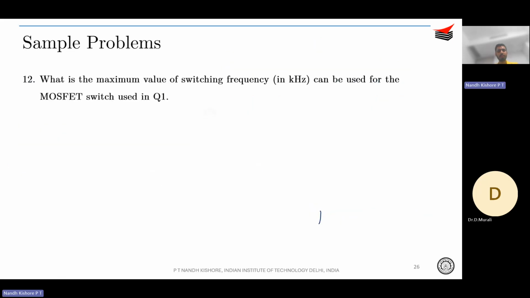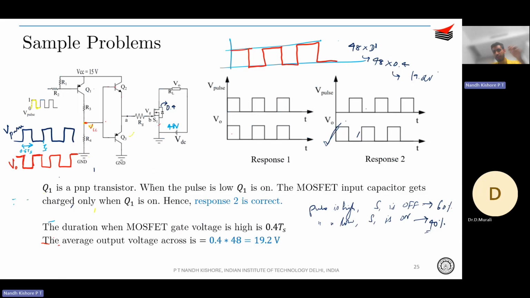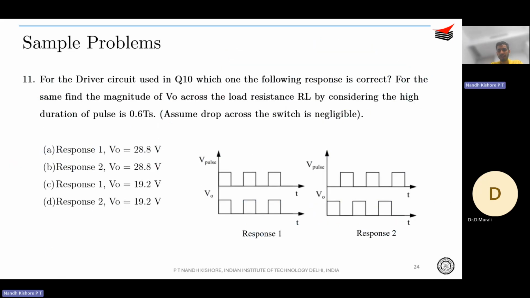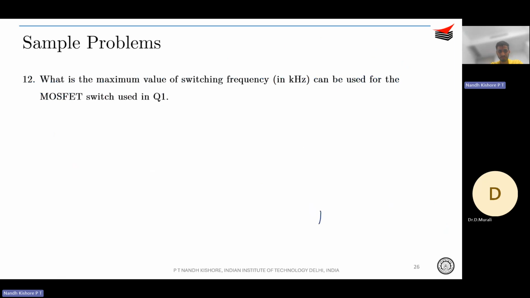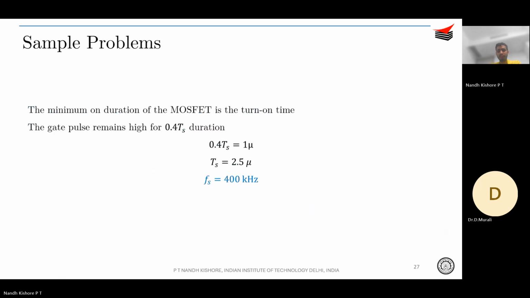So what is the maximum value of switching frequency that can be used for the MOSFET switch in Q1? You understand that the MOSFET is on for only 40% of the total time interval, right? They have also given that the minimum on-time duration is 1 microsecond.